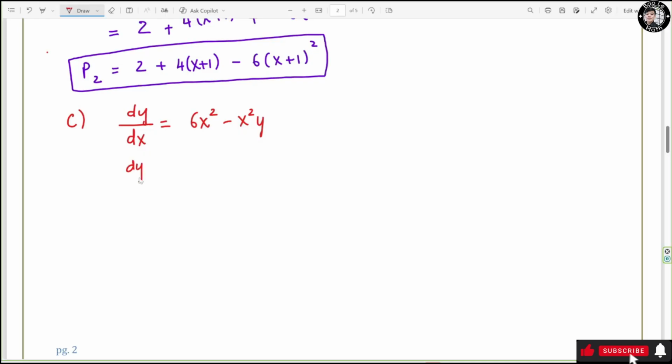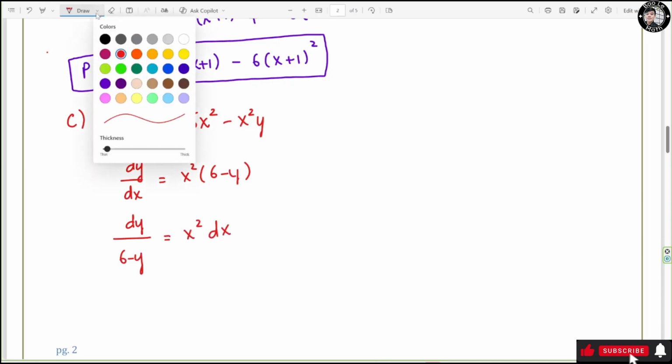So we have dy over dx equals x squared times 6 minus y, right? So I'm going to multiply both sides by dx and divide both sides by 6 minus y, right? So it becomes dy over 6 minus y equals x squared times dx, right? Now I'm going to integrate both sides, right?